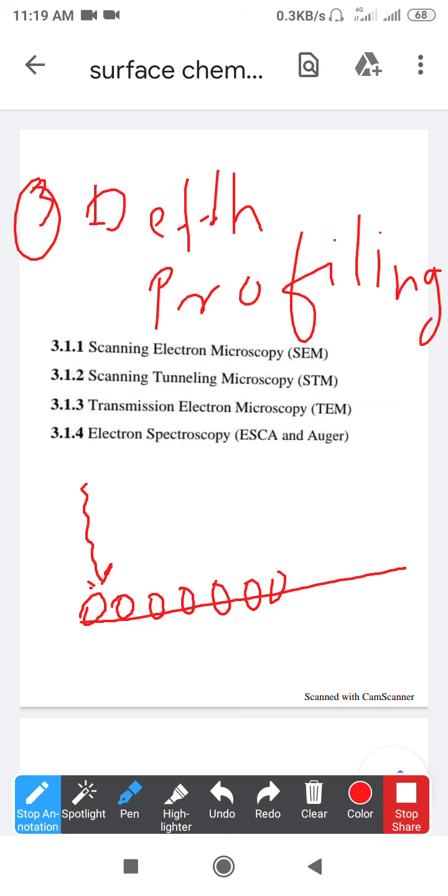When the atomic layers are in contact with the primary beam, a current is conducted. How much current flows in the whole instrument is measured. We have already seen this: in scanning tunneling microscopy we saw how depth profiling is carried out.